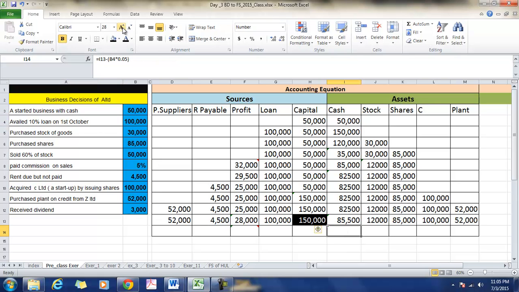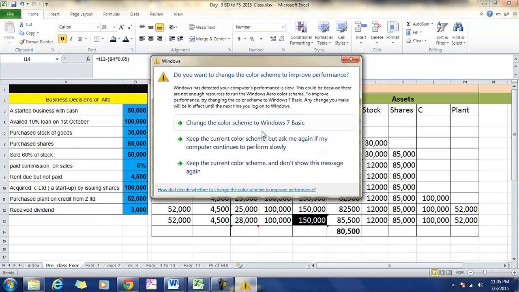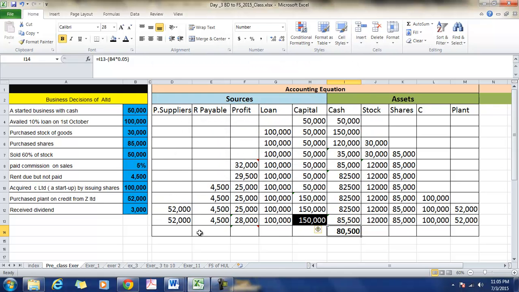Let us assume that we pay the interest. So the cash reduces to the extent of 5,000, and profit reduces to the extent of 5,000, and no change in any other items. All other items like loan, capital, stock, shares, and other assets remain the same.